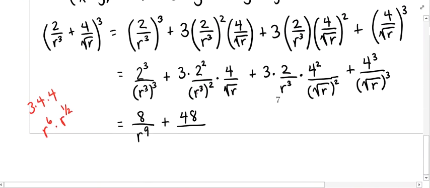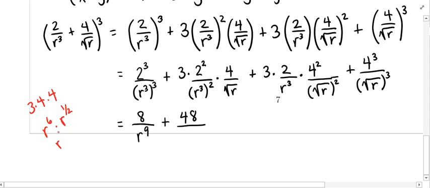So going back down here, we're looking at the denominator. We already said that r cubed squared is r to the 6th because we multiply the exponents. Now we're just multiplying the denominators. We have to multiply that by the square root of r, which is the same thing as the 1/2 power. So now you've got a power of r times a power of r. This is when you add the exponents.